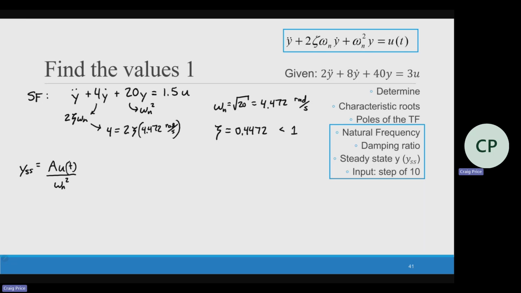What is that? So the input is a step of 10. We're just going to evaluate it as a step of 10. So U is equal to 10. Did you get a Y steady state?